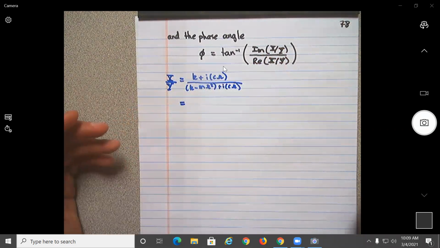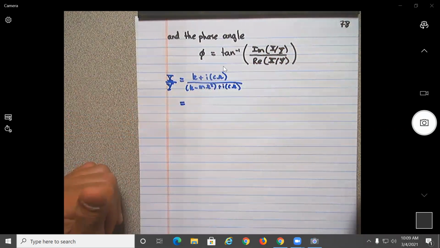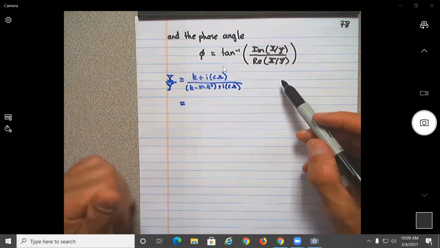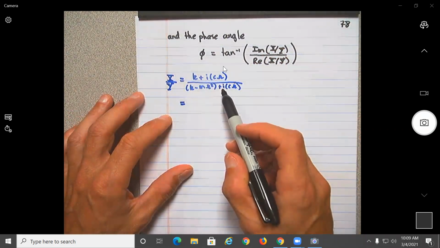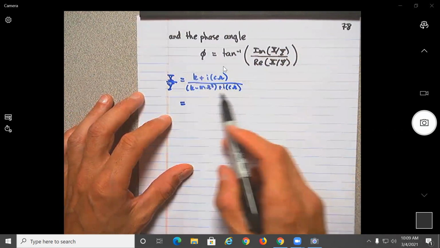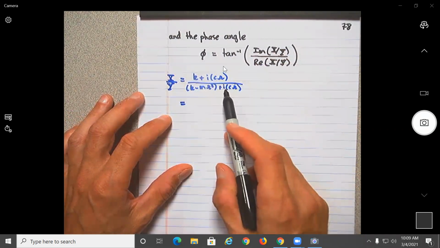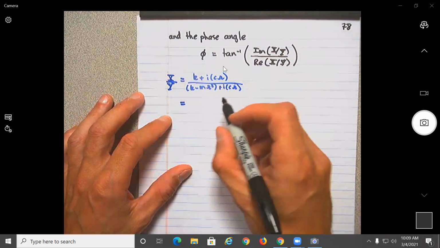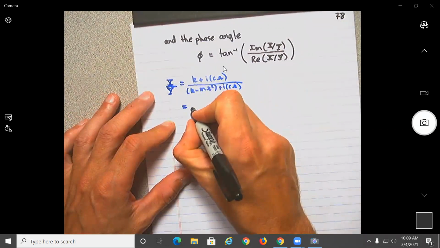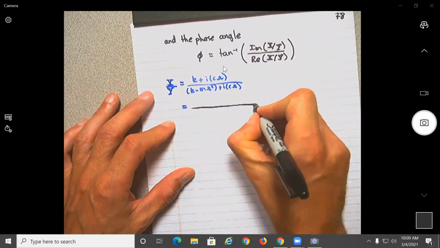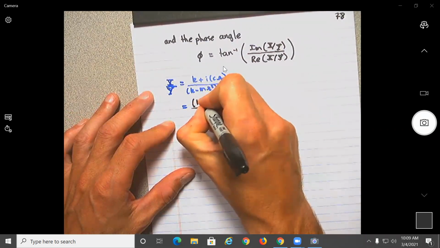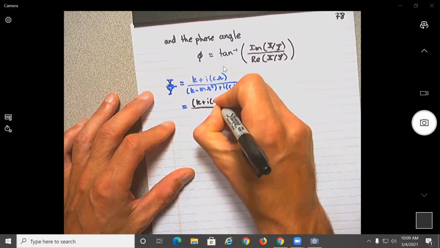So in order to rewrite the complex notation, we know that, I mean, we did it before. Let's multiply top and bottom by this term. Okay, so let's do it. Let me write it down. We're gonna have here k plus I c omega.